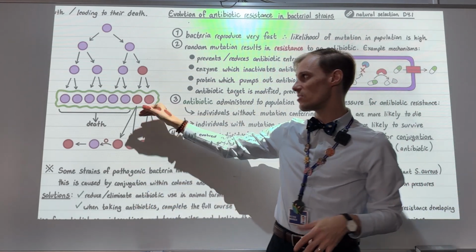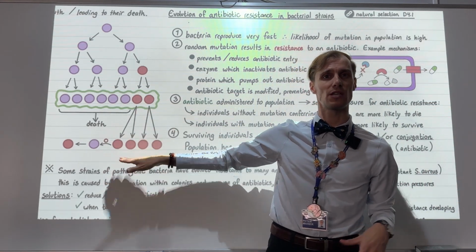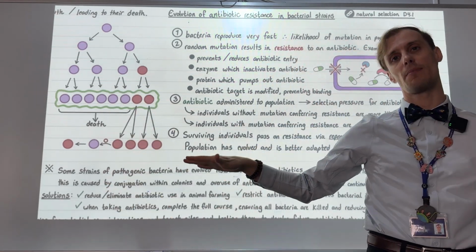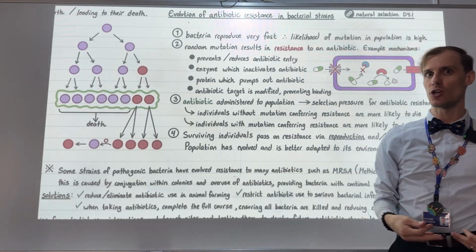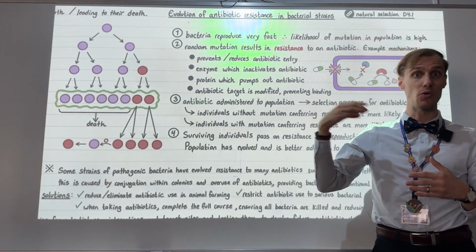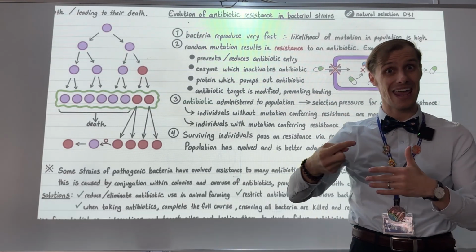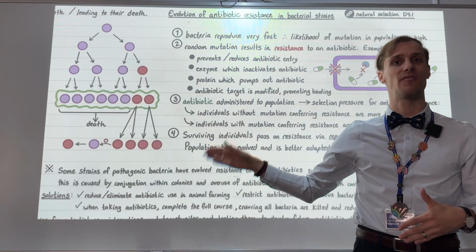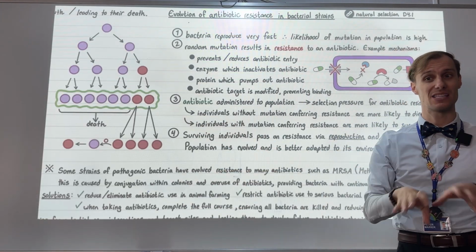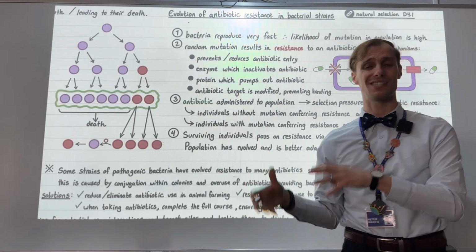So in effect, this new population of bacteria over time will all be antibiotic resistant. So in the future, if that bacterium's host were to take antibiotic A again, they would not be affected. So they have developed, as a population, antibiotic resistance.